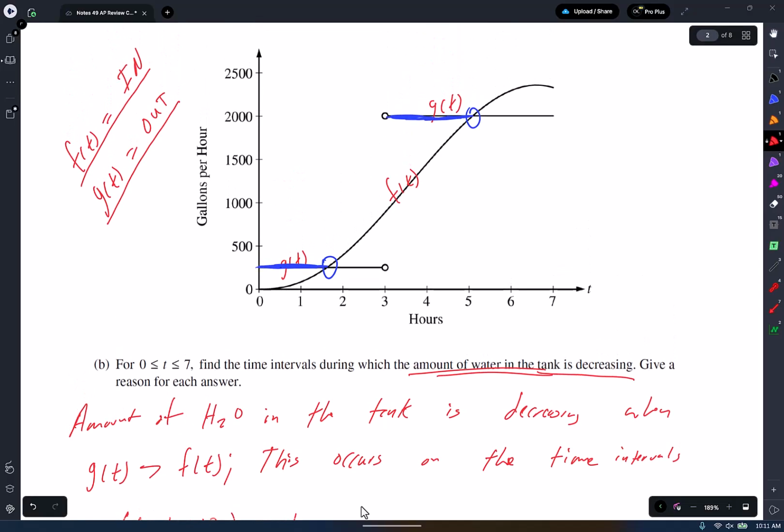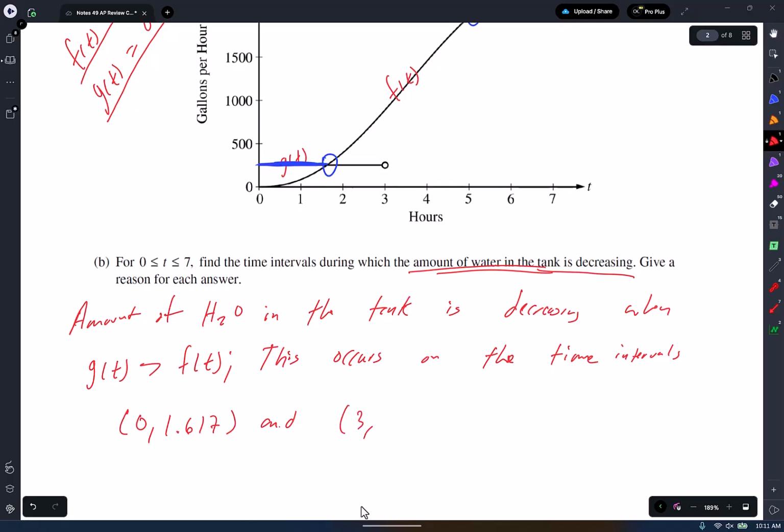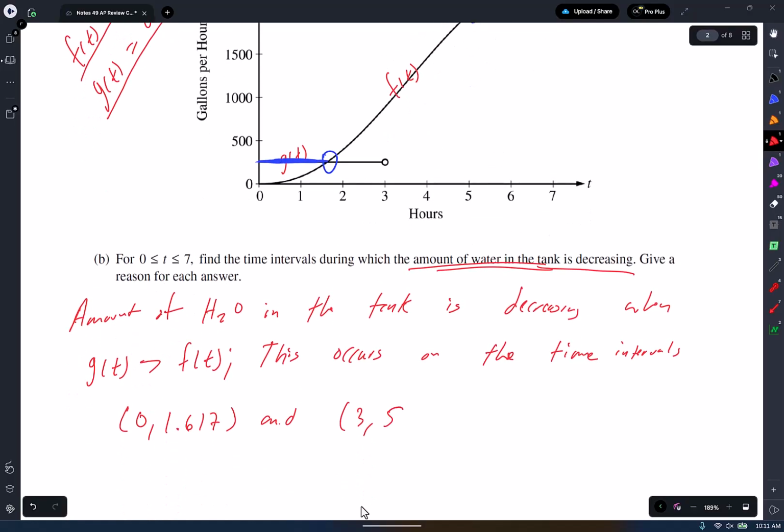And from 3, and notice that I'm putting parentheses on everything here, 5.076. Close. That's full credit right there. The logic sounds, the math is mathing, we're good. What's up? That's fine. You can say the word union, but I would have used the word and, because those are the 2 intervals that it happens.